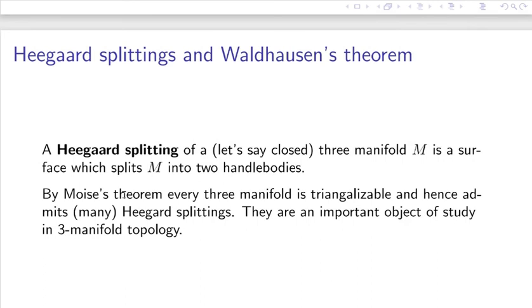By Moise's theorem, every 3 manifold is triangulable and hence admits many Heegaard splittings. And I'll just say that they're an important object of study in 3 manifold topology. I'm not a 3 manifold topologist, although I do use some of their facts. So maybe I'll just leave it at that.